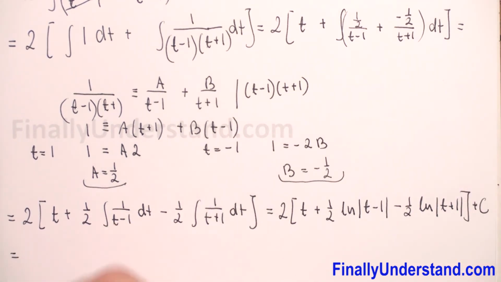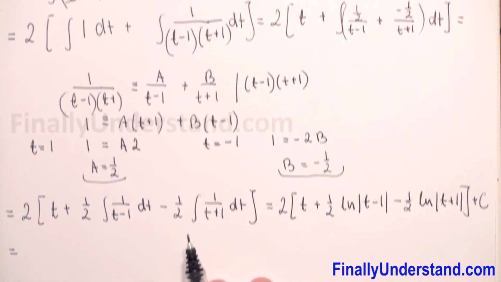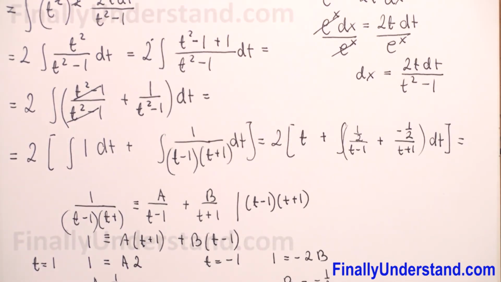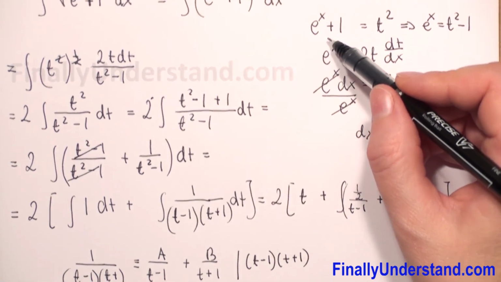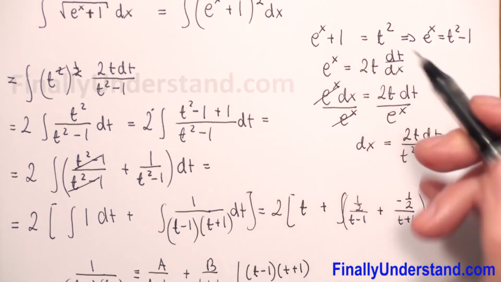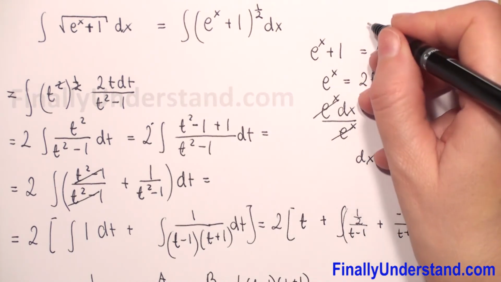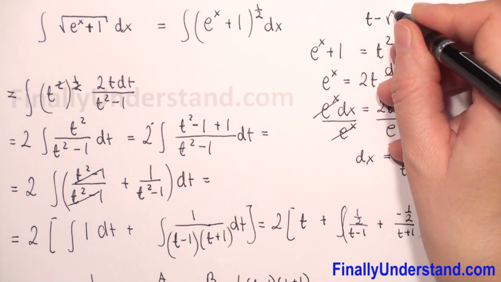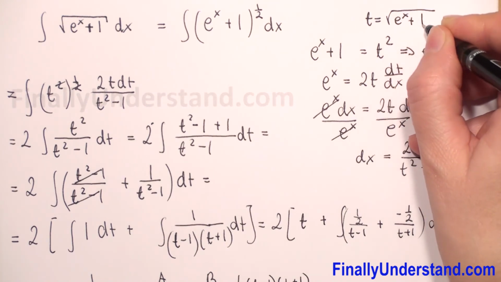So this is equal. We can multiply by 2, and we can substitute t by, because t squared is equal e to power x plus 1, so we can write that t is equal square root of e to power x plus 1.